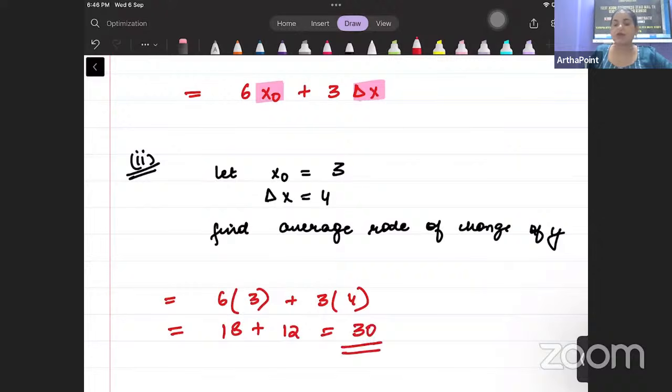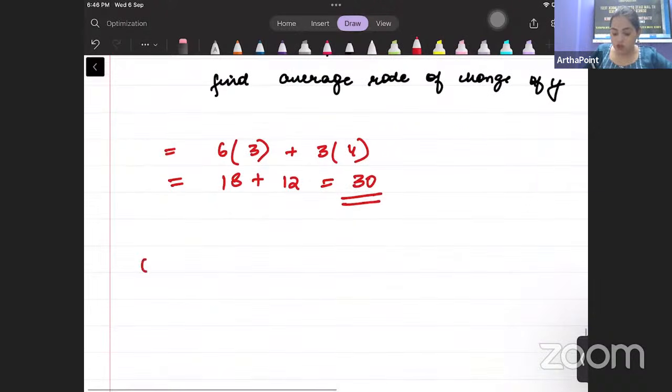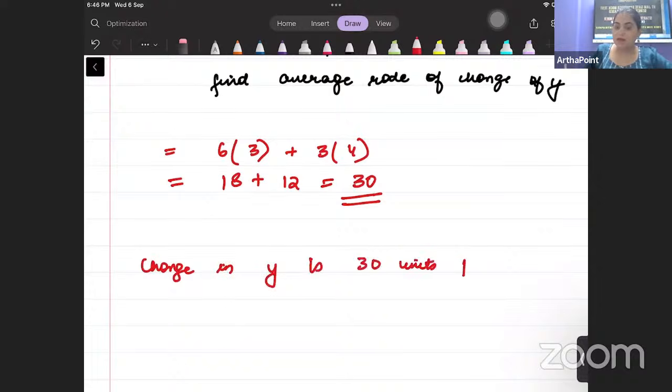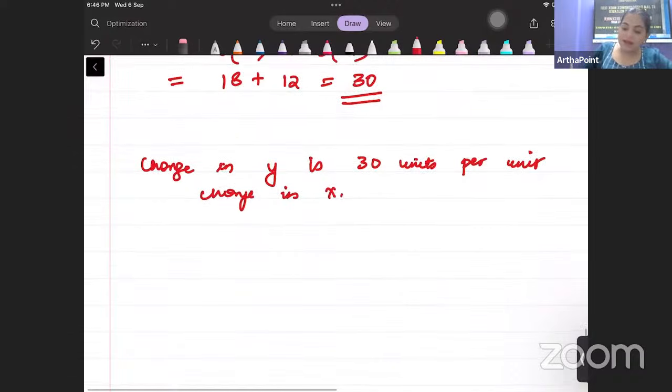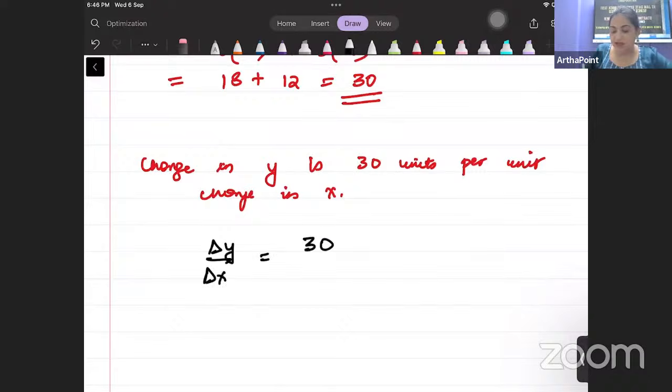This will be 30. So how do I interpret this? Change in y is 30 units per unit change in x. Matlab, I am saying that change in y by change in x is coming as 30.